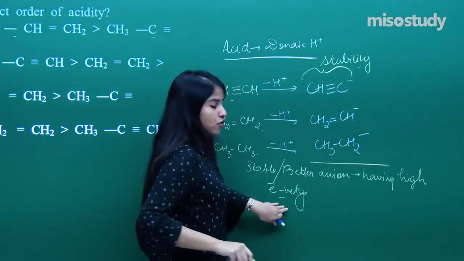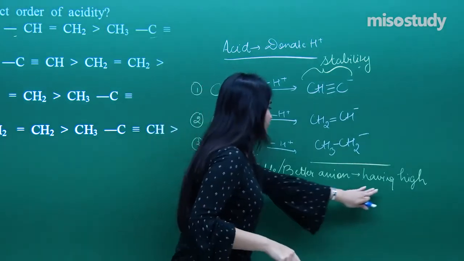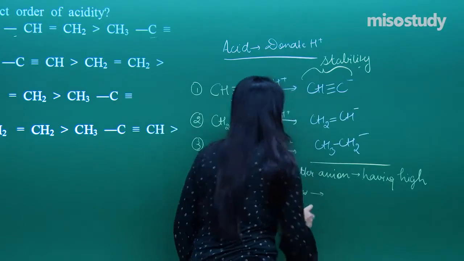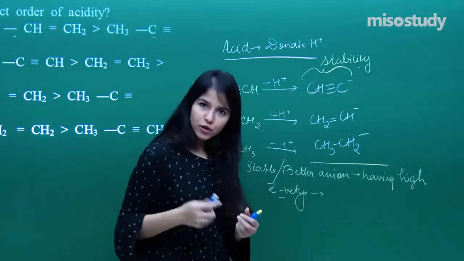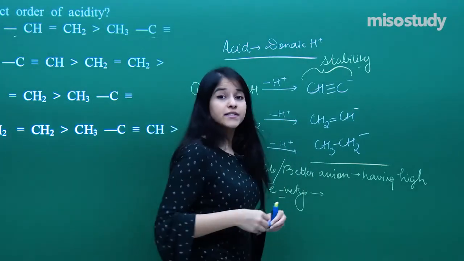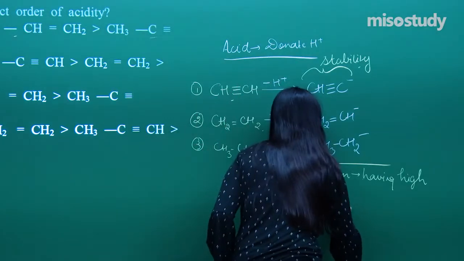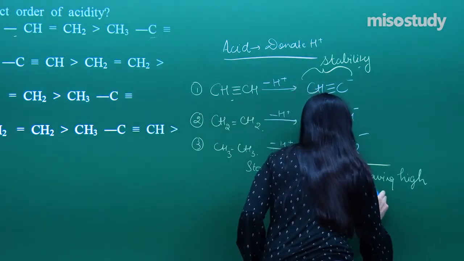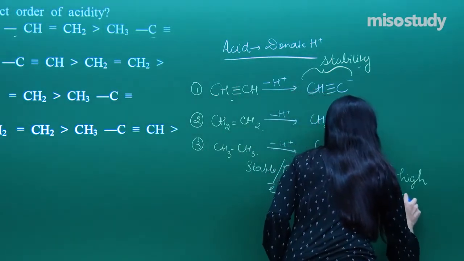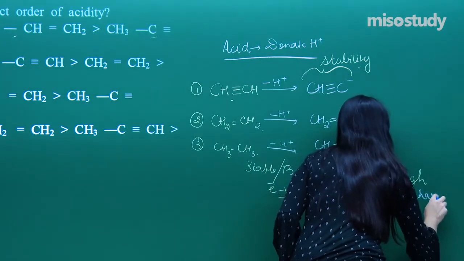I am writing this in short, that is electronegativity. Having high electronegativity means able to hold the negative charge. That is what a stable anion is. So that would be our approach.